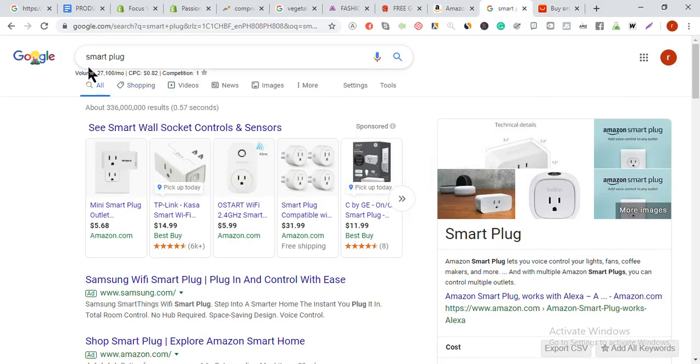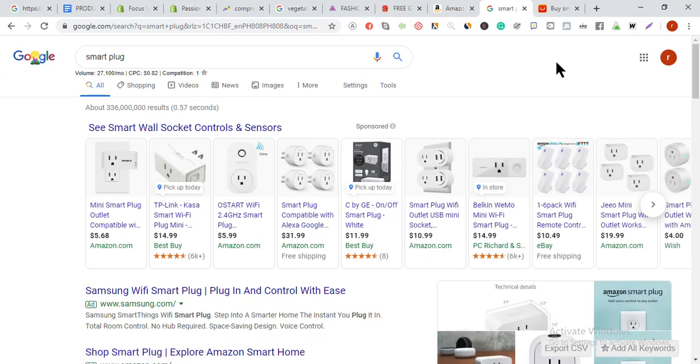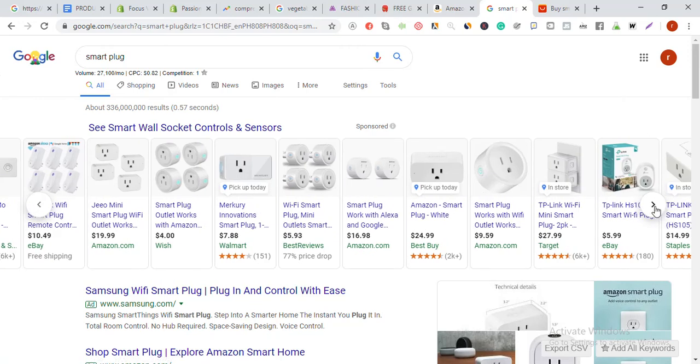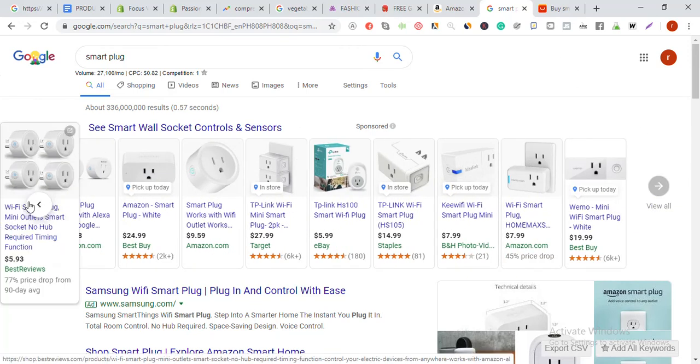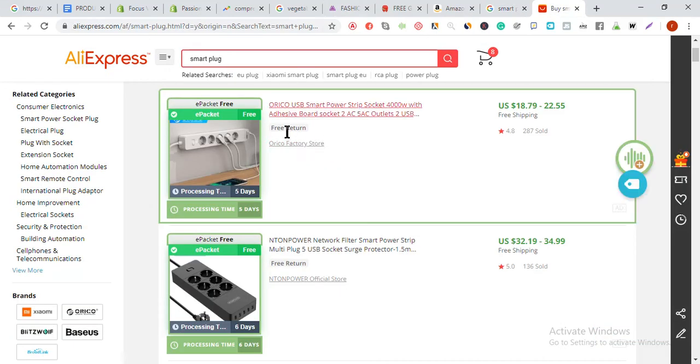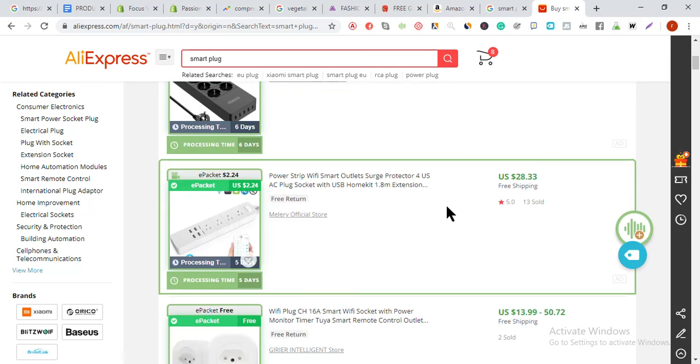And if you're going to use this keyword, check this out. None of your competitors so far are offering that same item. I think it's worth a try, maybe. Because instead of them buying a couple of these, they can just buy one. Right? I think it's worth a try.